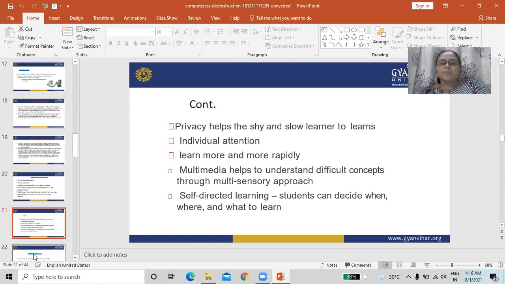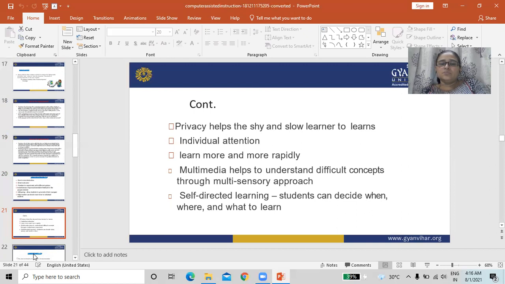Privacy helps the shy and slow learner to learn. It provides individual attention, so students learn more and more rapidly. Multimedia helps to understand difficult concepts through a multi-scenario approach.